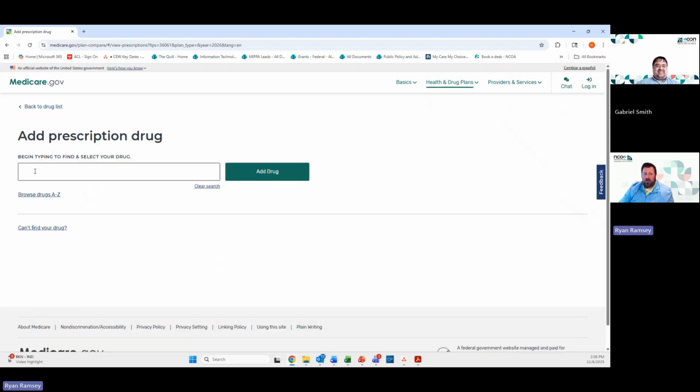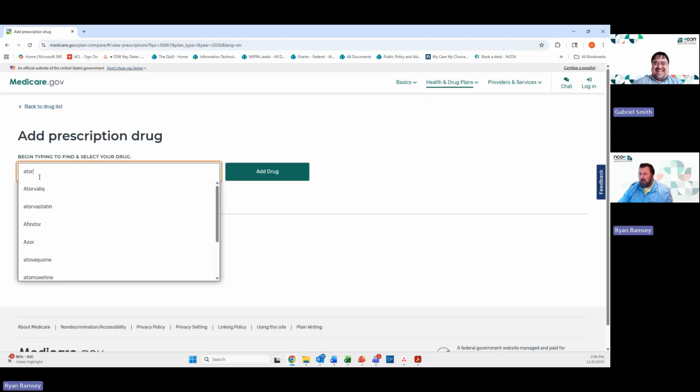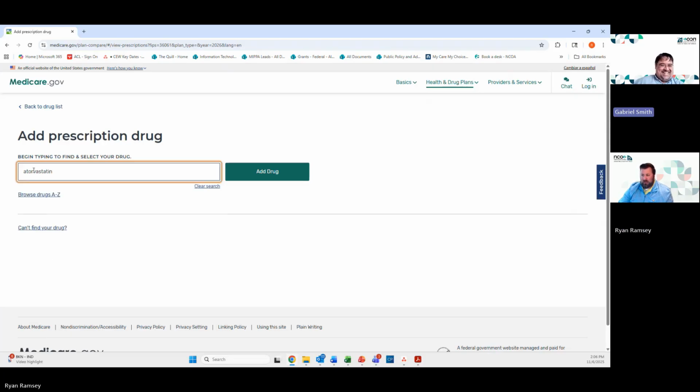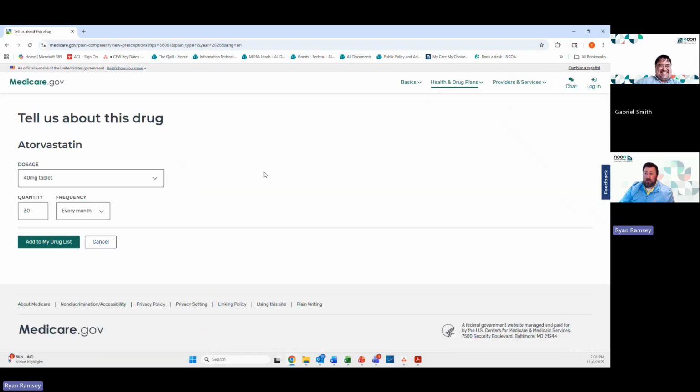And his fourth one? Atorvastatin. Sorry. Atorvastatin. And that is something that is 100% a point to point out too, is that I have heard people call medications by a lot of different names.